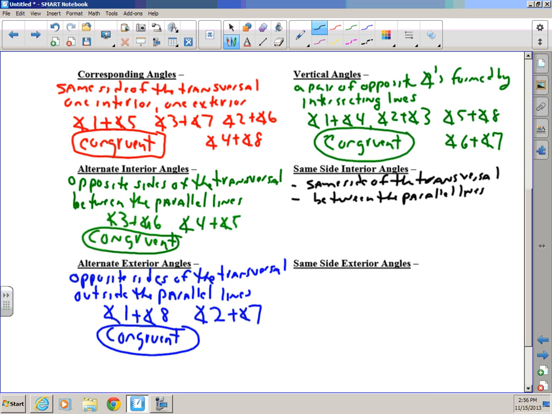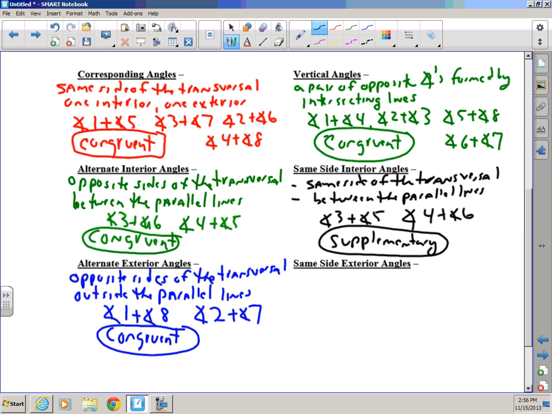Okay. What fits that? 3 and 5, and 4 and 6. These pairs of angles are supplementary, meaning 3 and 5 add up to 180, as do 4 and 6.